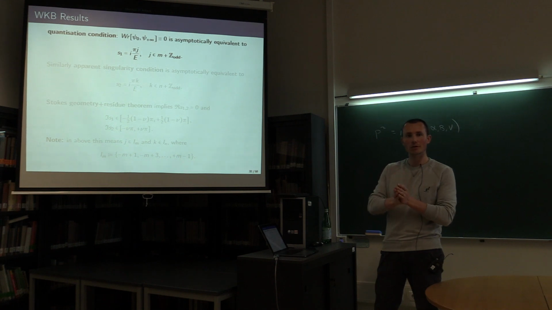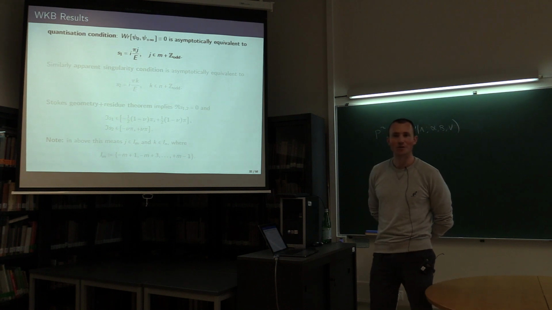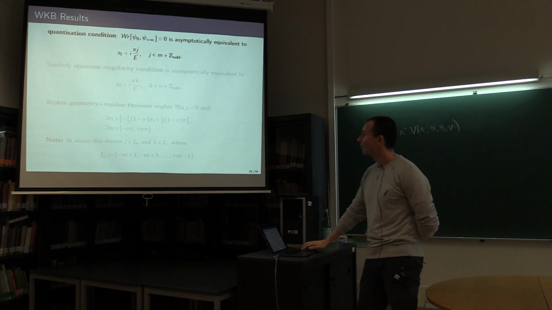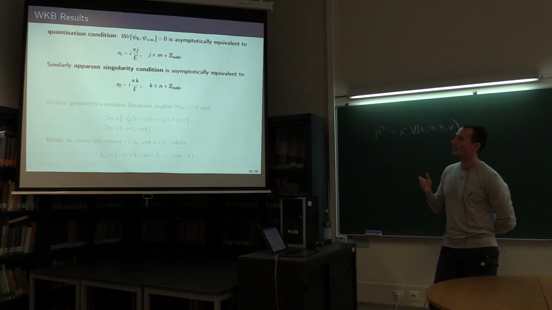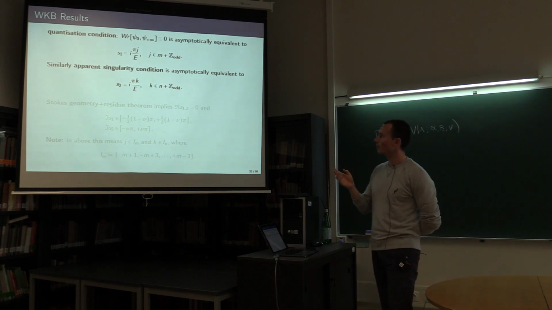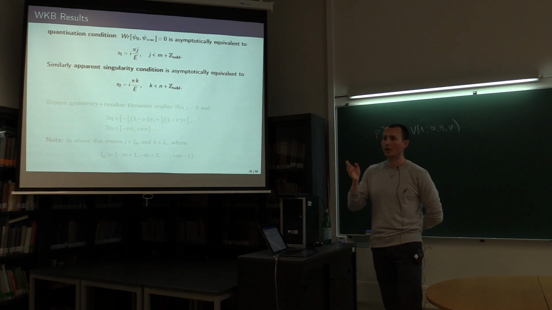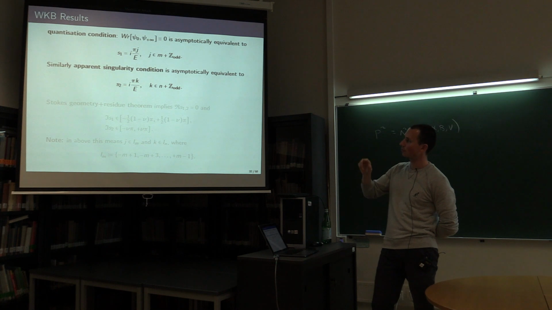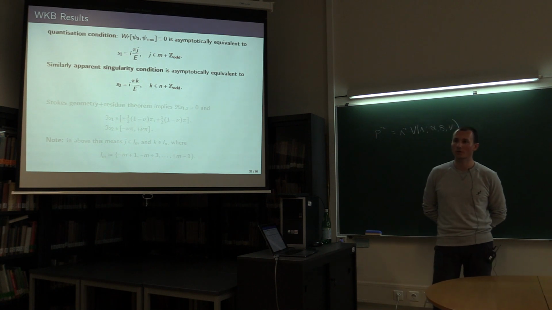So the condition quantizes this. That's my interpretation, at least. In a similar analysis of the apparent singularity condition, which is a bit more involved, we find that it's asymptotically equivalent to the value of S2 quantizing. So S2 is equal to iπk on E, where k is n plus an odd integer.